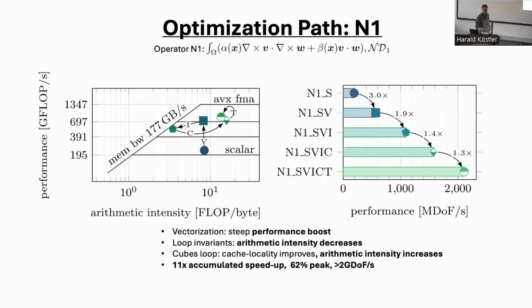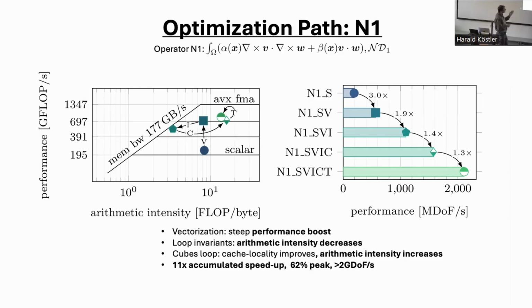Okay. Anyway, what we also have in the publication is a kind of roofline and the effect of the different optimizations. You see here, for example, the vectorization and the loop invariance and so on, and this cubes loop.